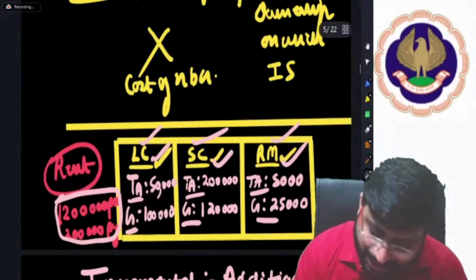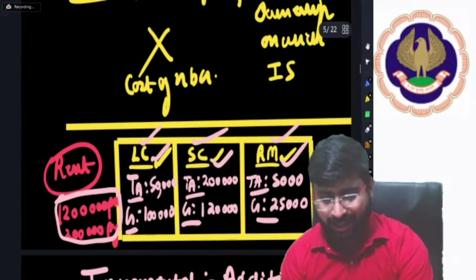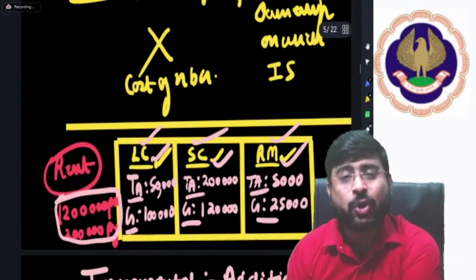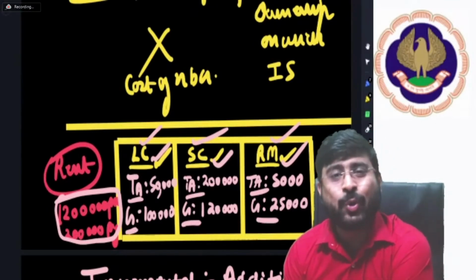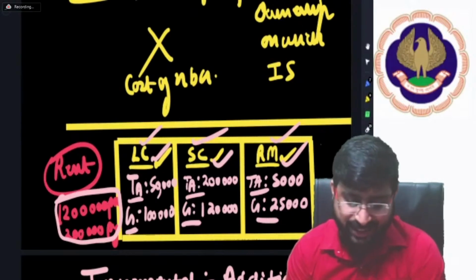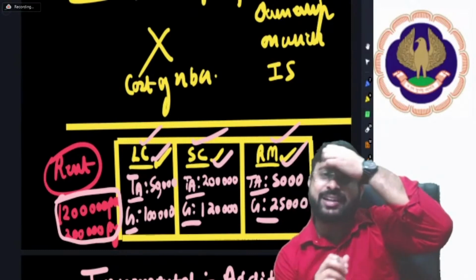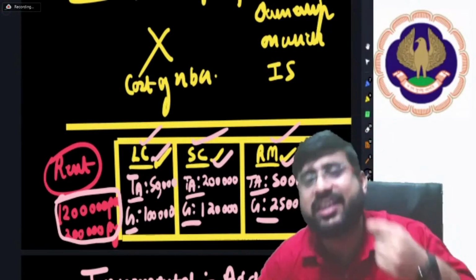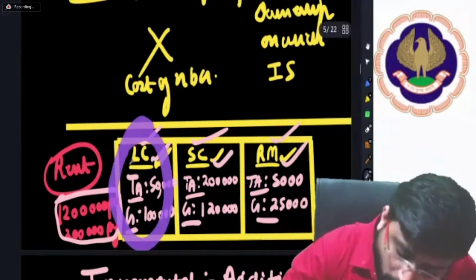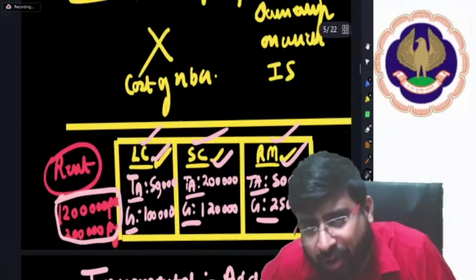So when I talk about tires or the cost incurred on the music system, you are able to segregate that it is for the luxury car or the sports car. When you are able to clearly identify and trace which unit the cost is incurred for, that is direct or traceable cost.